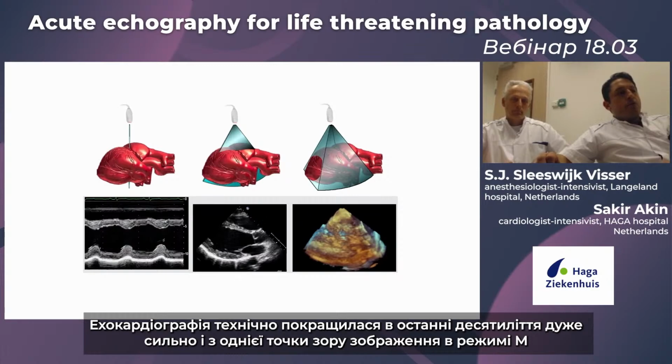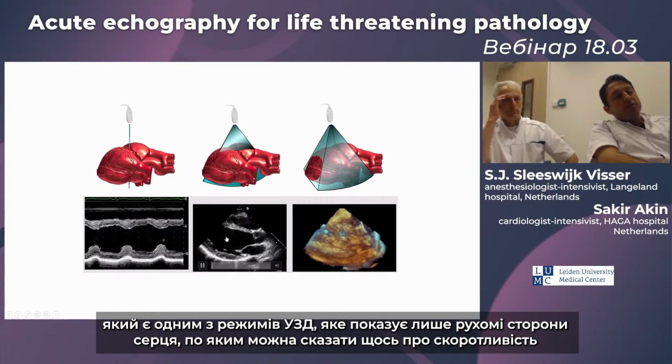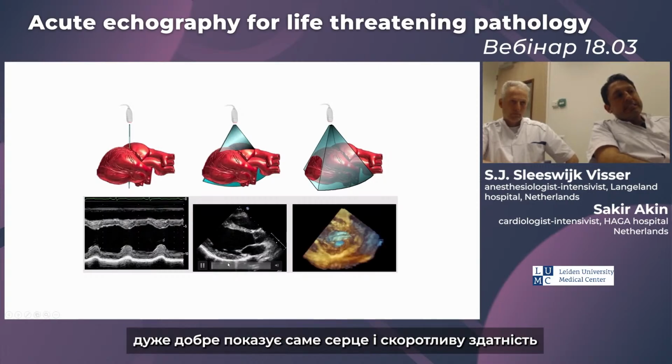Echocardiography has improved technically enormously in the last decades, from M-mode imaging, which is one line of ultrasonography which shows only the moving sides of the heart, from which you can tell something about contractility, to 2D ultrasonography to have an image of the heart, which shows also the left ventricle and aortic valve, and in this parasternal long axis view very nicely the heart itself and the contractility.